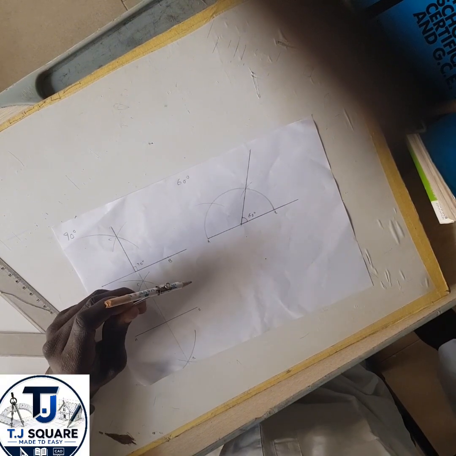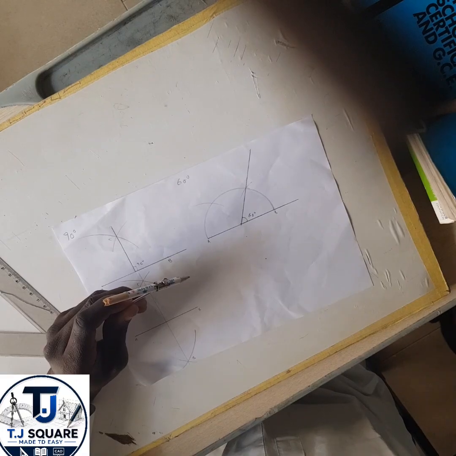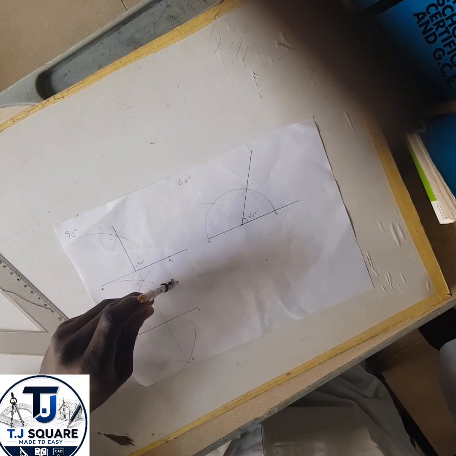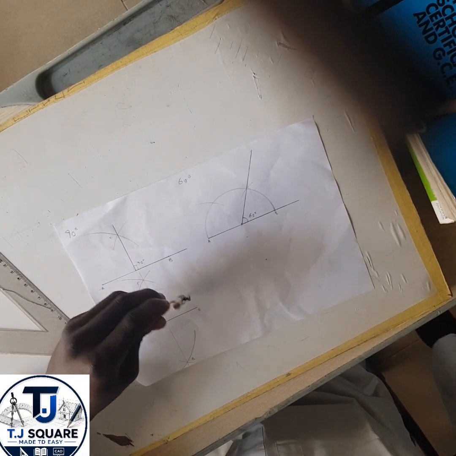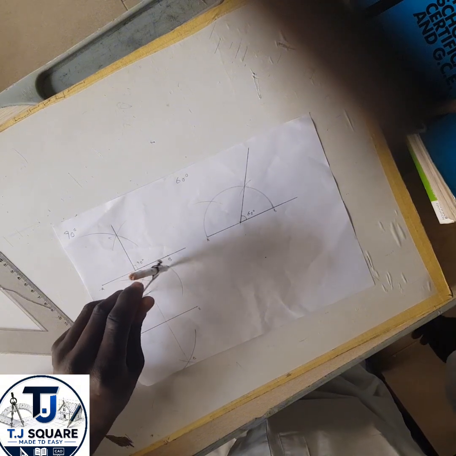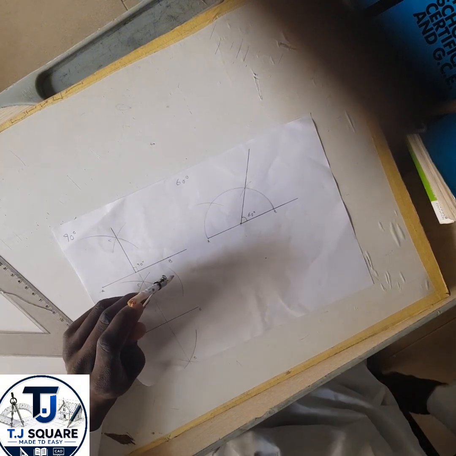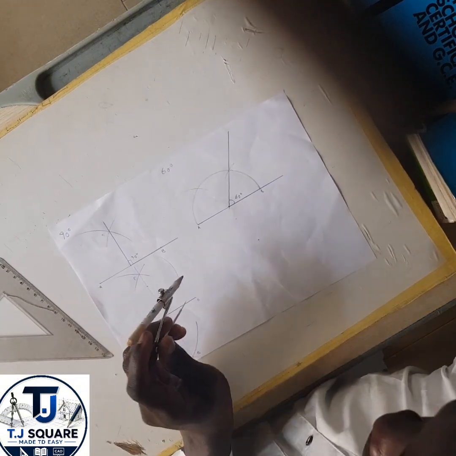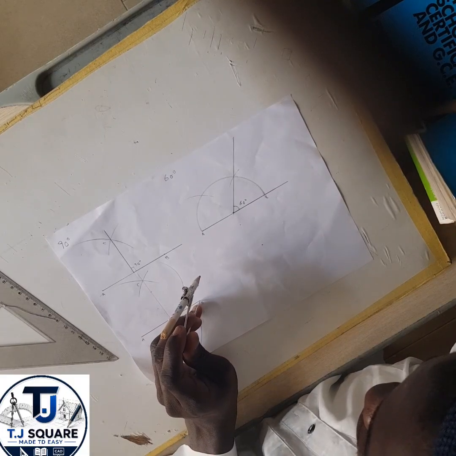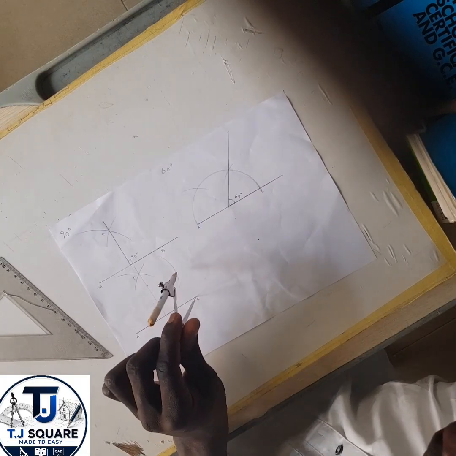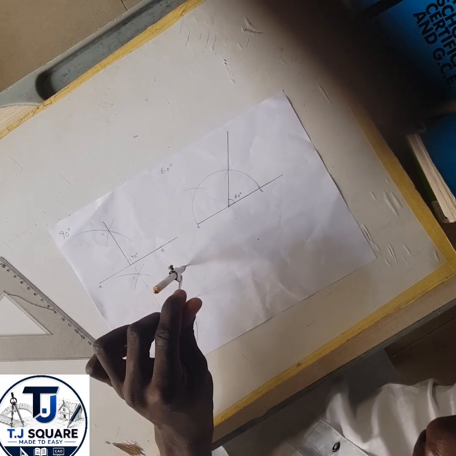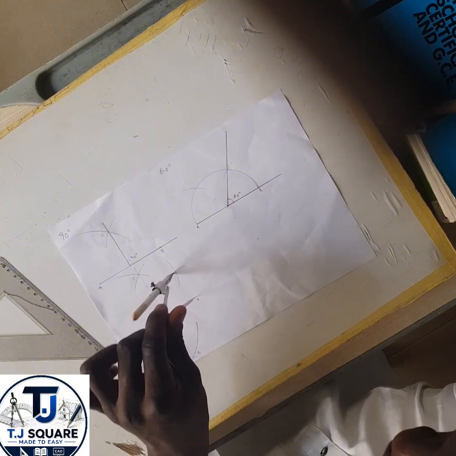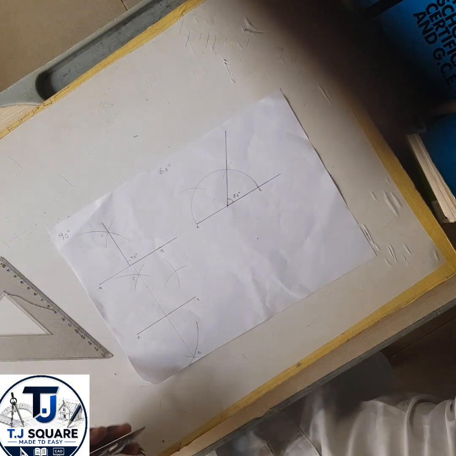Without changing the radius, pick a radius, you bisect just here. Then put it at B. You also what? Bisect.